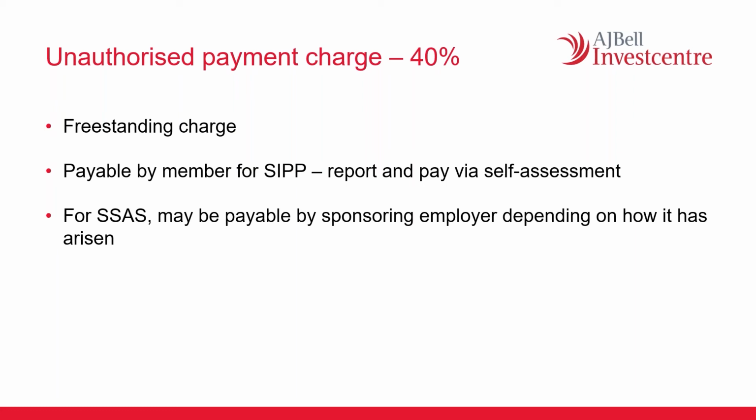I say that for a SIPP, even if it's a SIPP member's company, it will never be the company, because it's a personal pension scheme. It's only the link as a sponsoring employer that makes it applicable for a SSAS. There's no such thing with a SIPP, so it will always be the member personally on a SIPP.